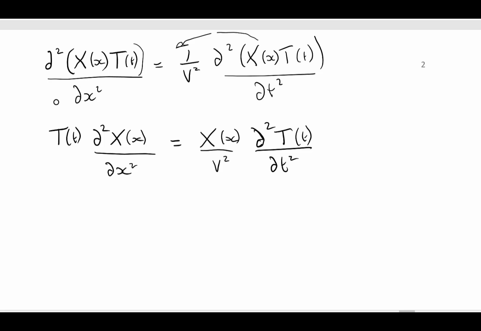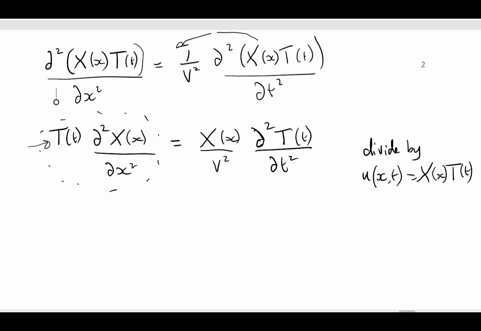The next step in this method is to divide. We're going to now divide by u, and we remember that's equal to X of x, T of t. So we're going to divide throughout by this value, and that means, of course, if we're dividing this expression here by XT, then the T on the numerator here is going to cancel, and what we'll end up being left with, of course, is simply X of x on the bottom in the denominator.